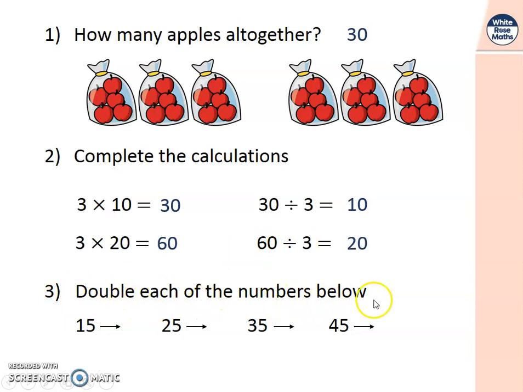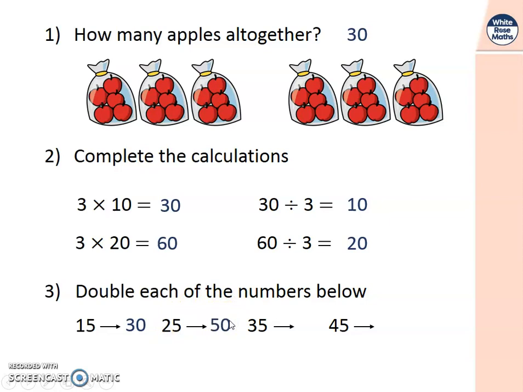Number 3, double means times by 2. Double each of the numbers below. What's double 15? Double 10 is 20. Double the 5? Yeah, makes 30 when we add the 20, add the 10. Double 20, 40. Double 5, 10.